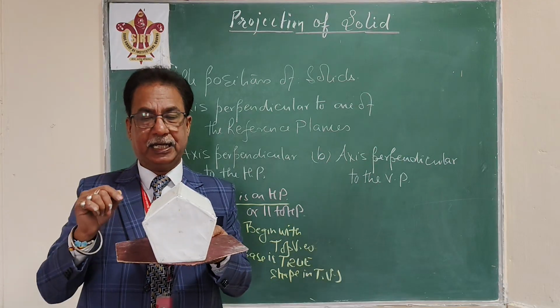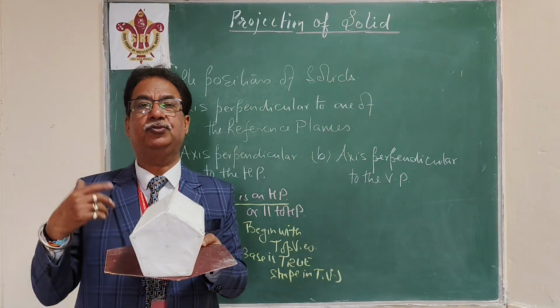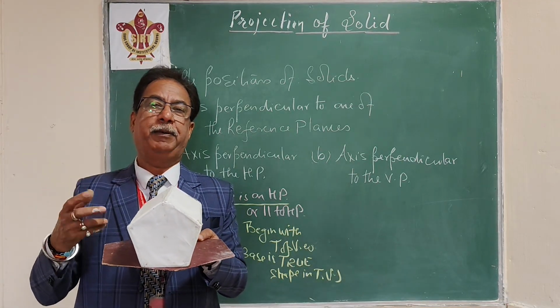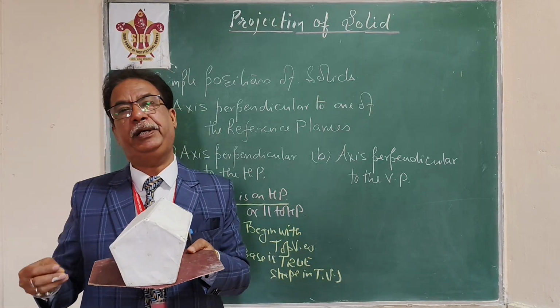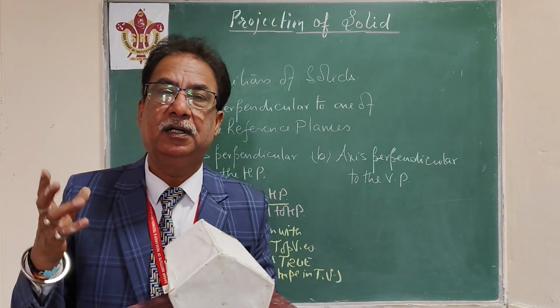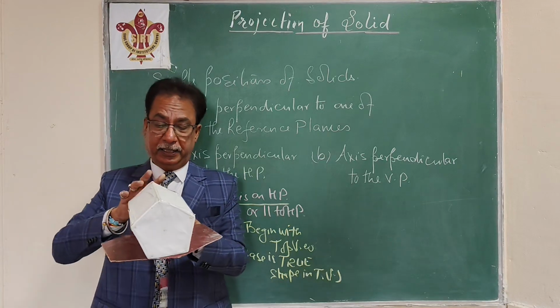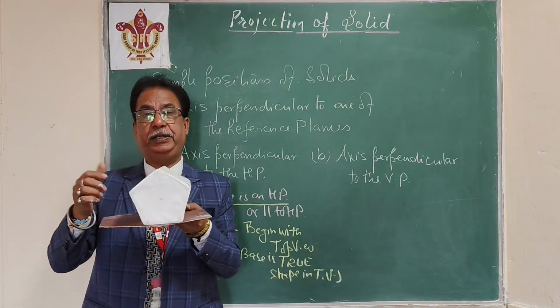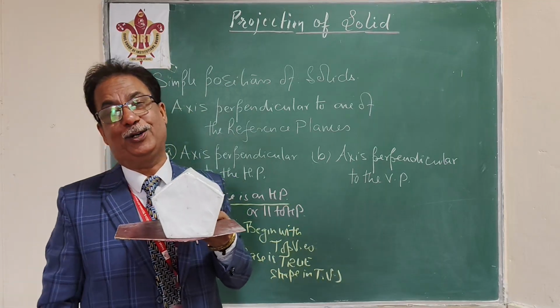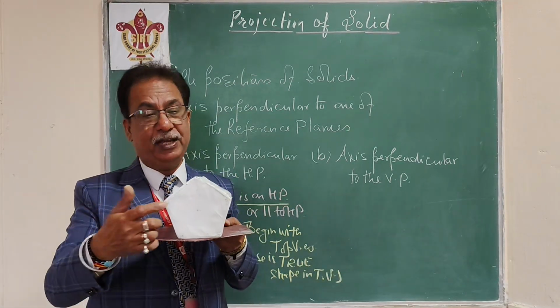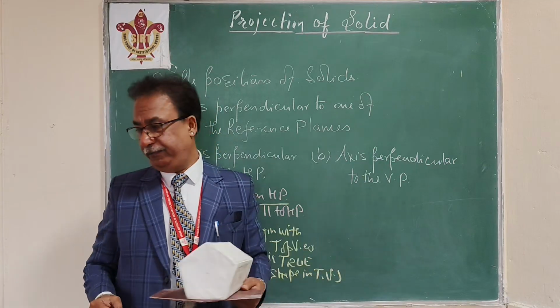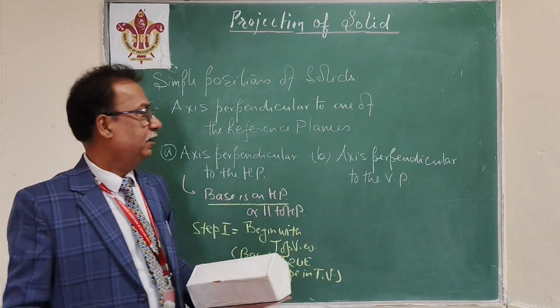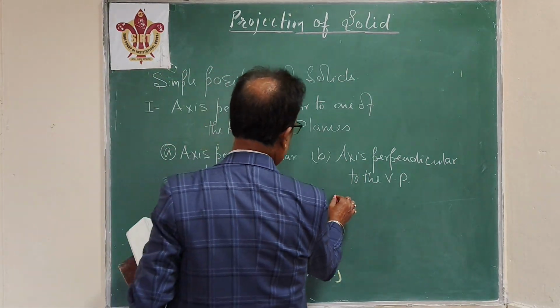If this type of problem comes in the examination, a student will always remember that something on the HP means you have to start with the top view. But this is not the case. If you look at this solid, its rectangular face is on the HP and the axis is perpendicular to the VP. So this time we should start with the front view. This is the second case, when the axis is perpendicular to VP.